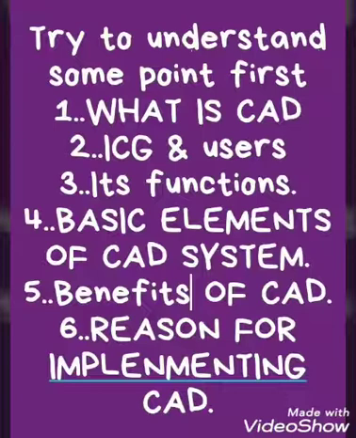Now the next point is a set of methods and tools to assist product designers. First point is creating a geometrical representation of a product, designing, dimensioning, tolerance, etc. Next is configuration management, like if we want to do any type of change in our design or dimensioning, we can change the design shape and dimensioning by use of CAD.